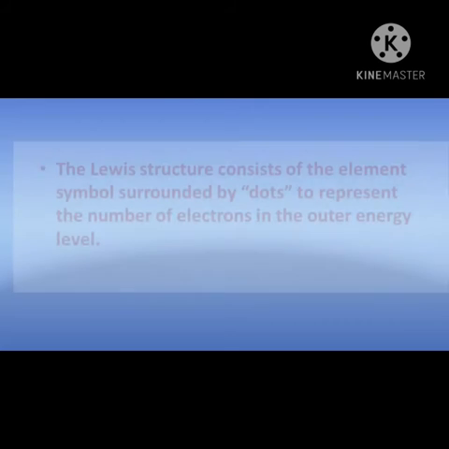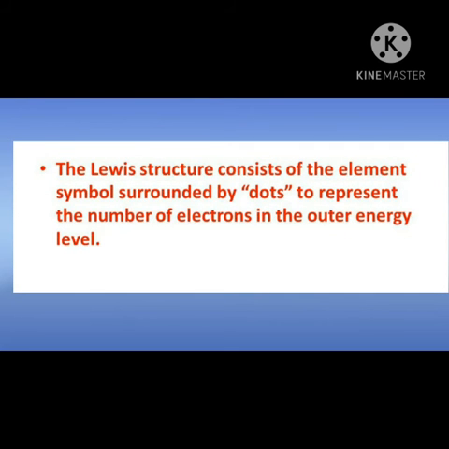If we want to write a Lewis dot structure, the valence electrons of an element are depicted in a short form by a Lewis symbol or electron dot structure. We represent the nucleus and inner shell electrons of the atom by the symbol of the element, and the electrons in the outer shell by dots or cross marks.